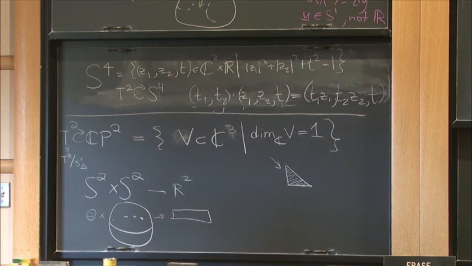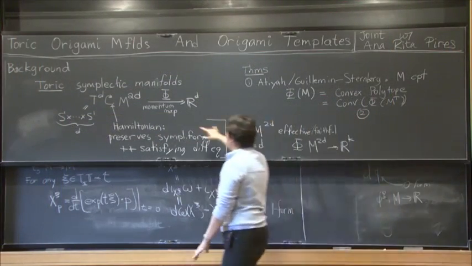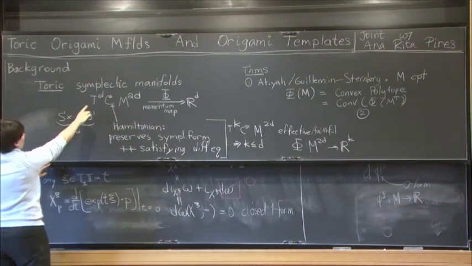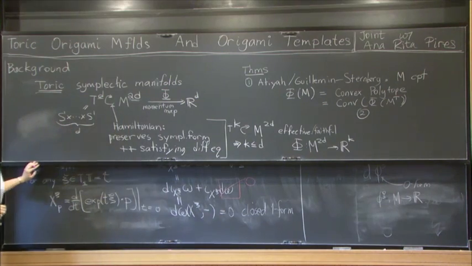Okay, so the second theorem about these actions. This is toric when d is equal to half the dimension.